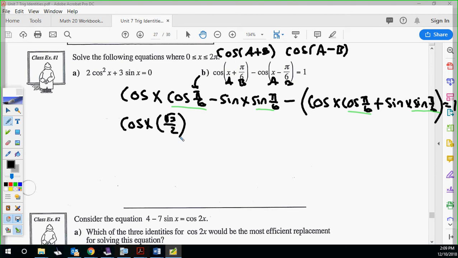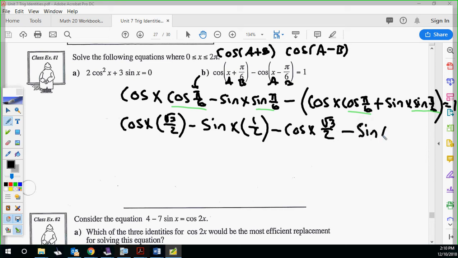Sine of pi over 6: 1/2. Now minus a cos, again pi over 6, so it's a minus cos x, root 3 over 2. And then again, a minus, a plus is a minus sine x of 1/2. So I distribute the negative, and I got the values for the pi over 6's there.